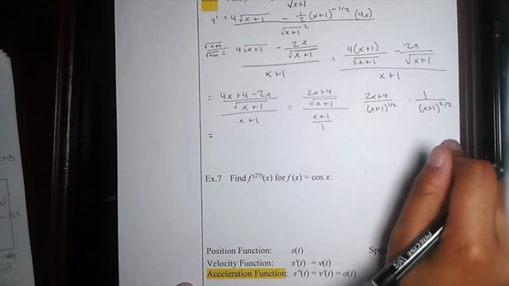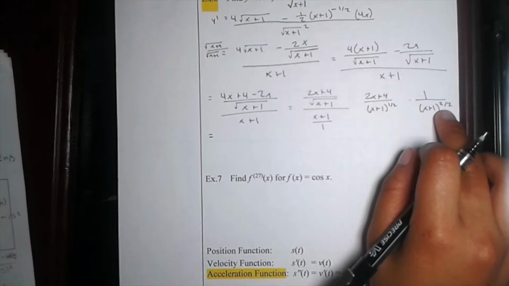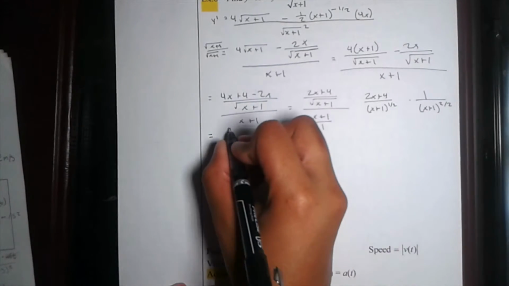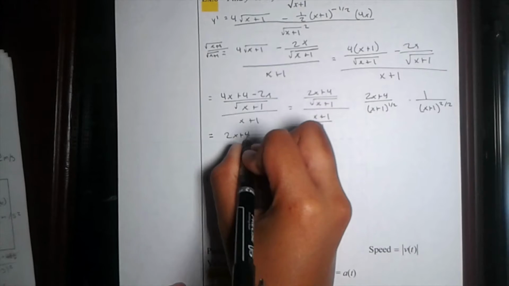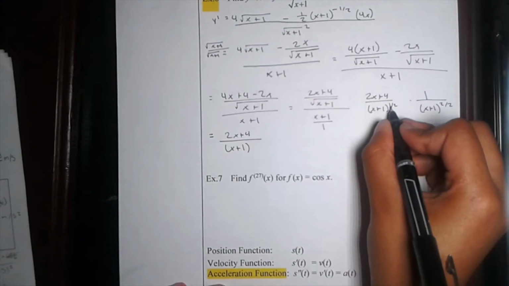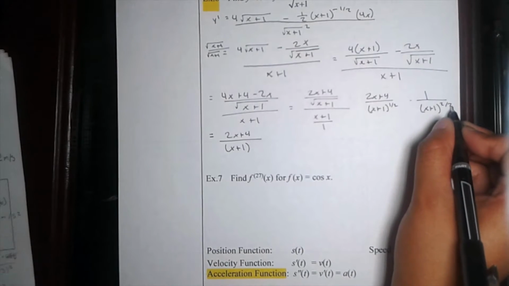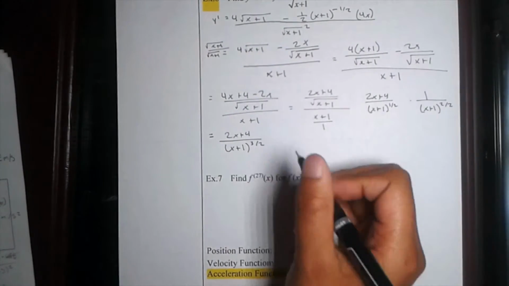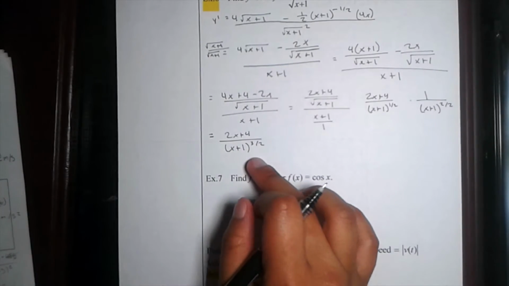You can combine them, so if powers are being multiplied, you add them together, so you have 2x plus 4 over x plus 1, 1/2 plus 2 over 2 is 3/2. And so that's your first derivative.